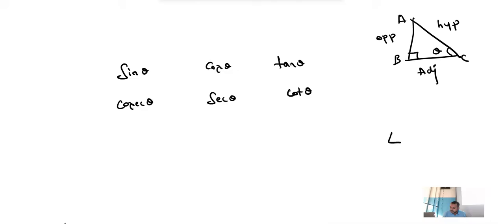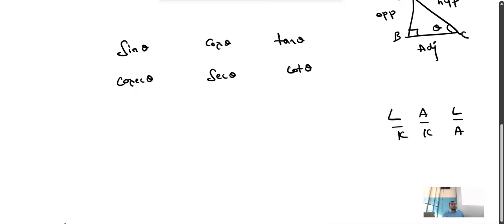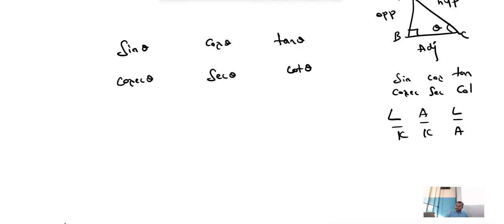Just write "Lal hamara k a". This is the logic. What is the logic? Lal hamara k a. Clear? Good. What does it mean? Sine, cos, tan, cosecant, secant, cot.